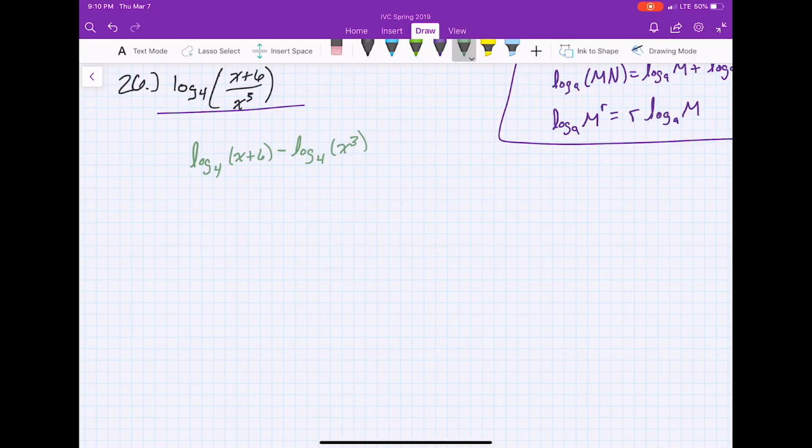I didn't need to, but this 3 actually, because of the note we made before, can be written out in front of the log. So we get log sub 4 times the quantity x plus 6 minus 3 log sub 4 x. And there you go. There is our final answer for number 26.